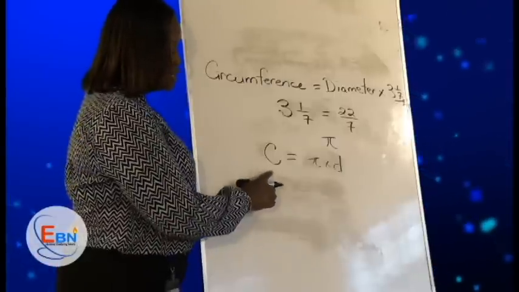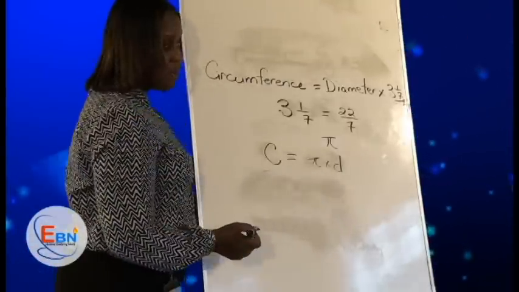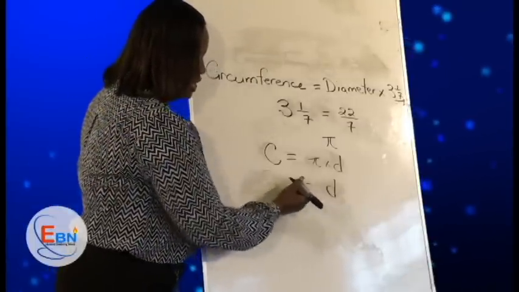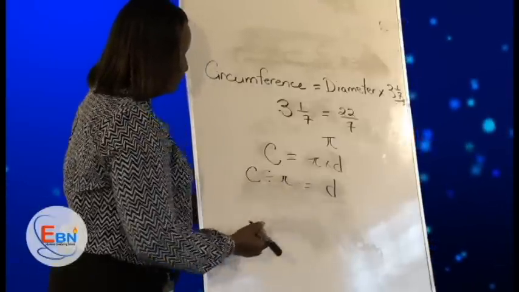In order to get the circumference, we multiplied pi by the diameter. Therefore, to get the diameter, we need to divide the circumference by pi.